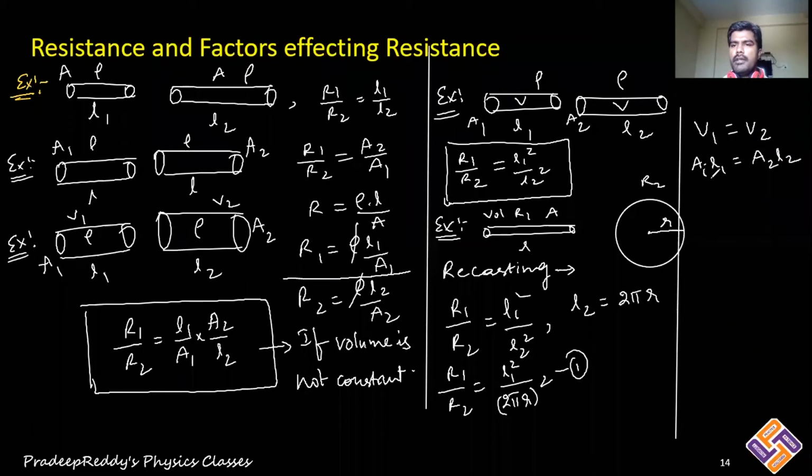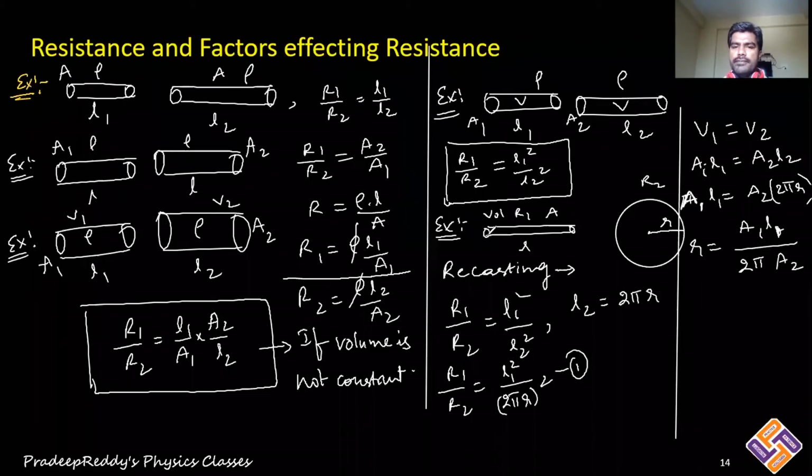So A1 into length L1 is equal to A2 into length, which is 2 pi R, where R is the radius of the conductor. So I'll write R is equal to A1 L1 divided by 2 pi A2, where A2 is the area of cross section of the second conductor.